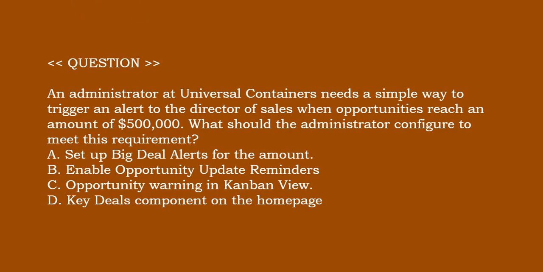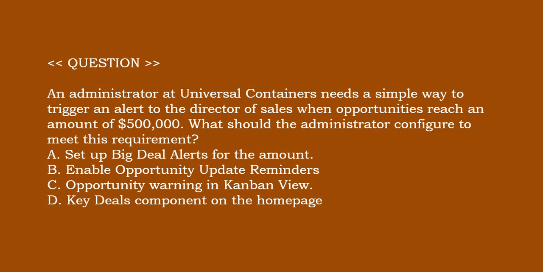Next. The administrator at Universal Containers needs a simple way to trigger an alert to the director of sales when opportunities reach the amount of $500,000. What should the administrator configure to meet this requirement? Option A, set up the big deal alert for the amount.